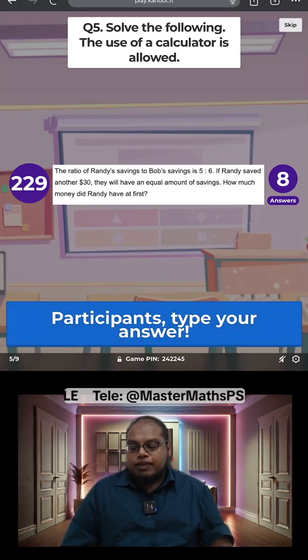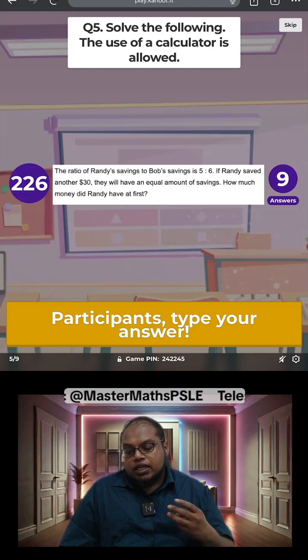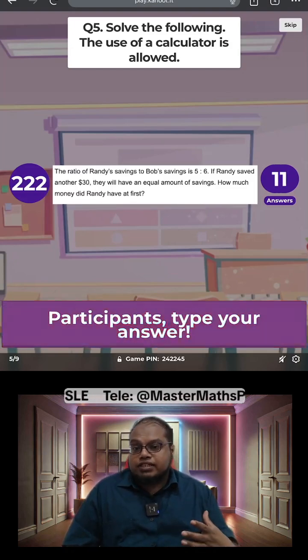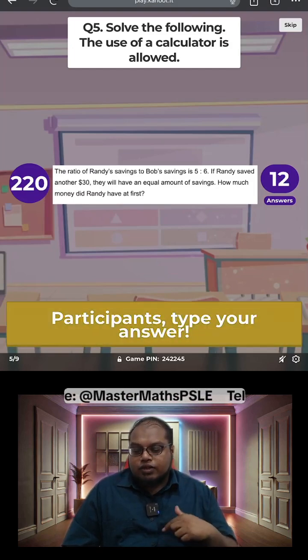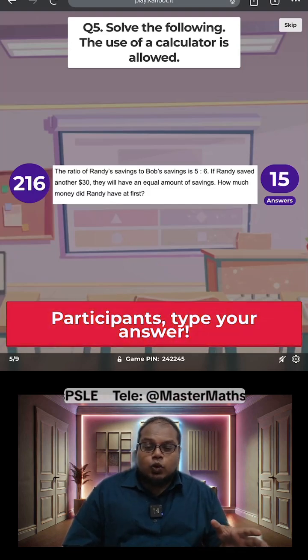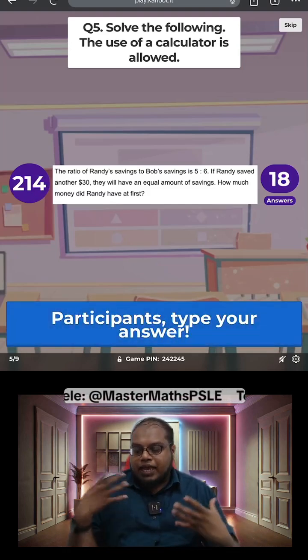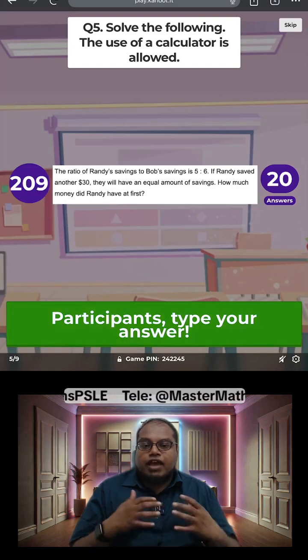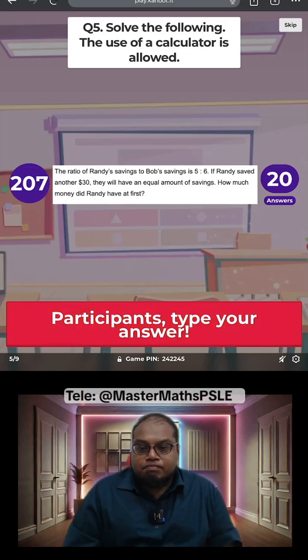If Randy saved another $30, they will have an equal amount of savings. I didn't mention ratio, but how do you make that into a ratio? How much money did Randy have at first?